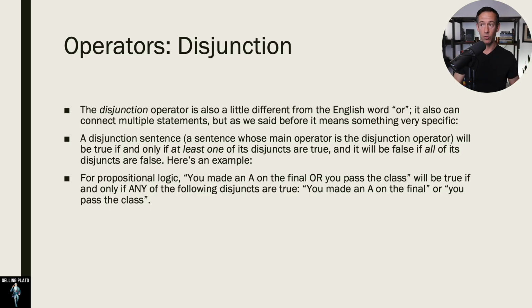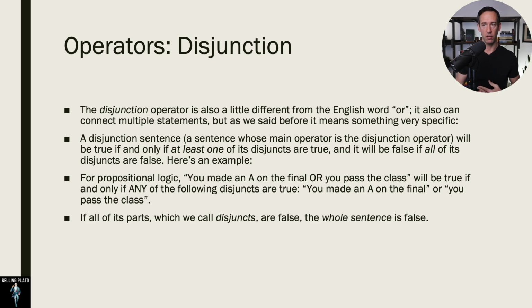That compound sentence is going to be true if and only if any of the following disjuncts are true. You made an A on the final. If that one's true as part of that whole statement, then the whole statement's going to be true. Or if you passed the class, if that's true, then the whole compound statement's going to be true. All right. It only needs one.